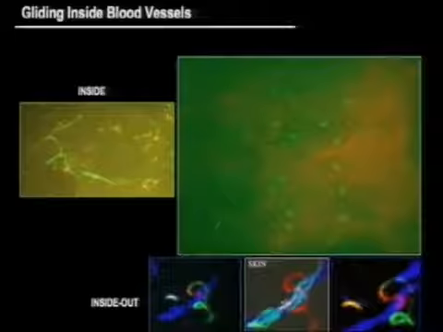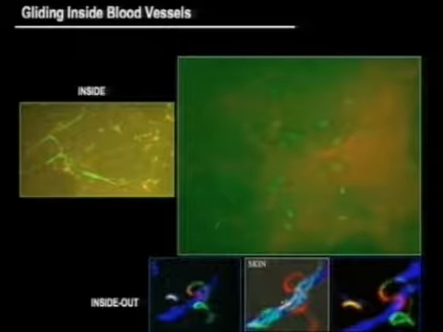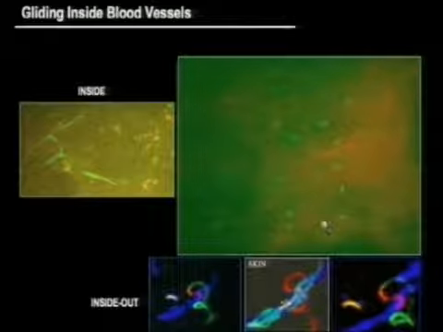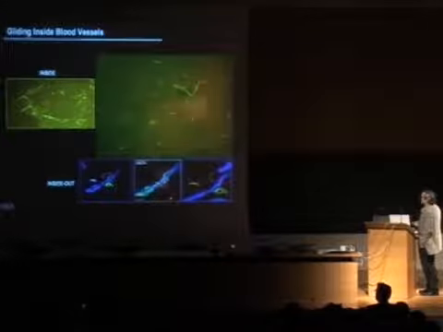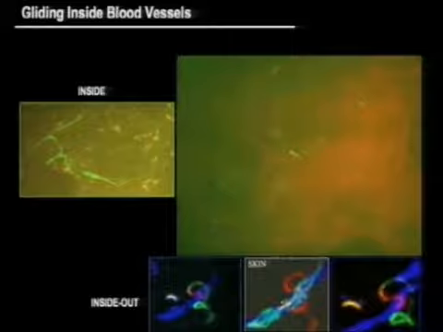Okay, so you would think that when parasites have invaded blood vessels, they actually are passively drawn to the liver. And that's clearly not the case. I want to show you this movie. We are here in the skin, and there are lots of parasites gliding happily. Lots of very interesting things to look at in this movie.